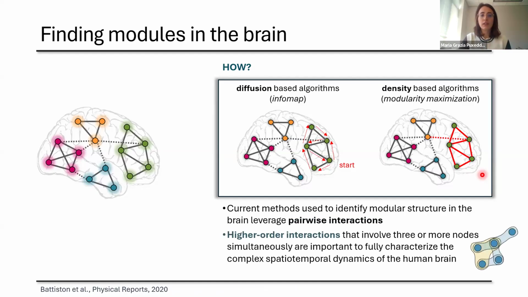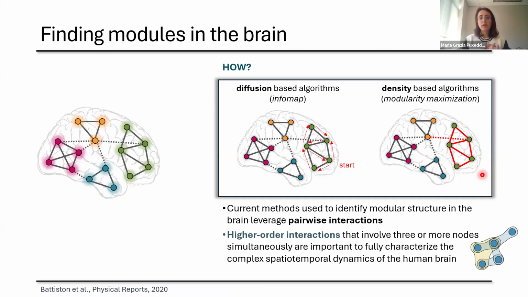And in doing so, they disregard a whole world of higher order interactions that involve three or more nodes at the same time and are equally as important to fully characterize brain dynamics.